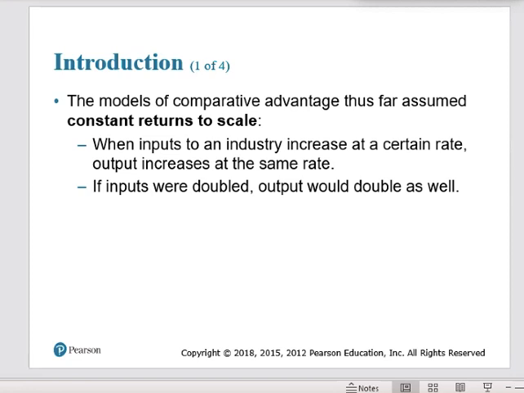All right, so what we have discussed so far, we base on the assumption that the model of comparative advantage is assumed to be constant, okay? And we have the constant returns to scale setup, all right?